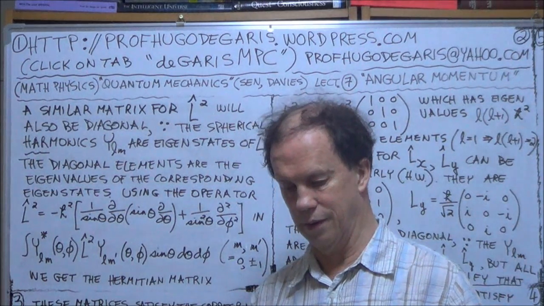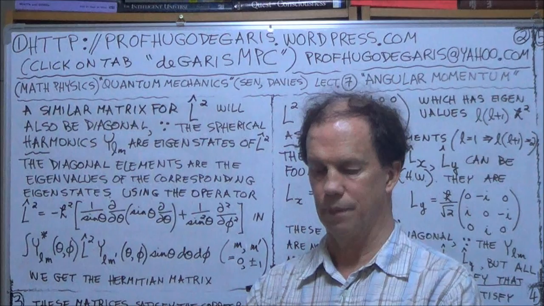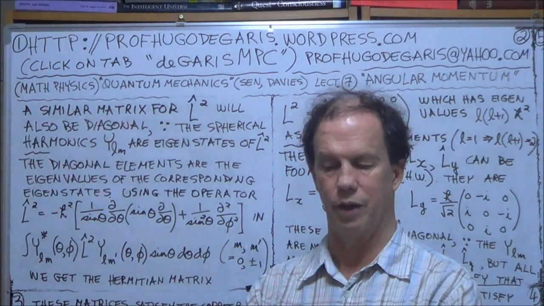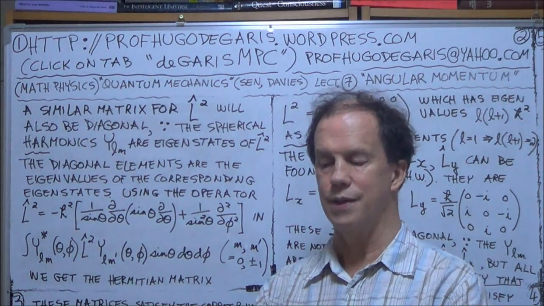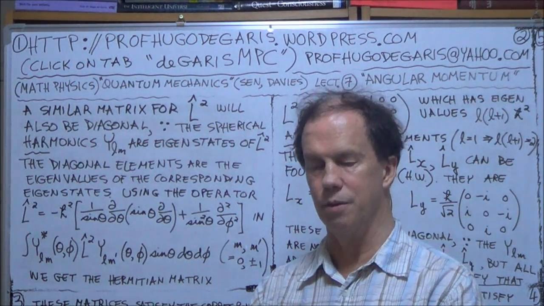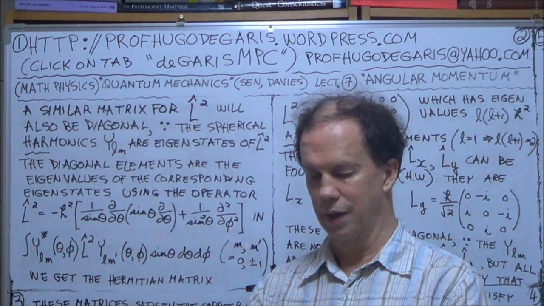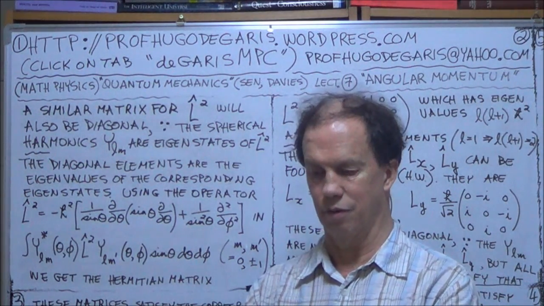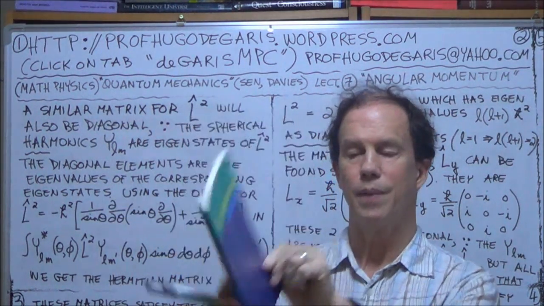Like here's the text on Lie algebras for M1 level that I'll be giving in about a year or so. It's called simply the Lie algebras SU of n. SU means special unitary. It's a particular type of matrix group. Right? Here's the text. Okay.